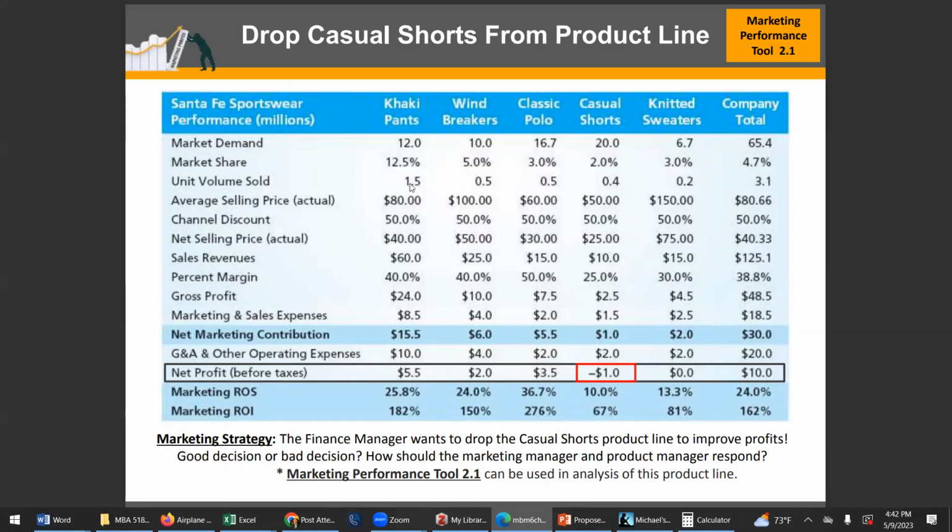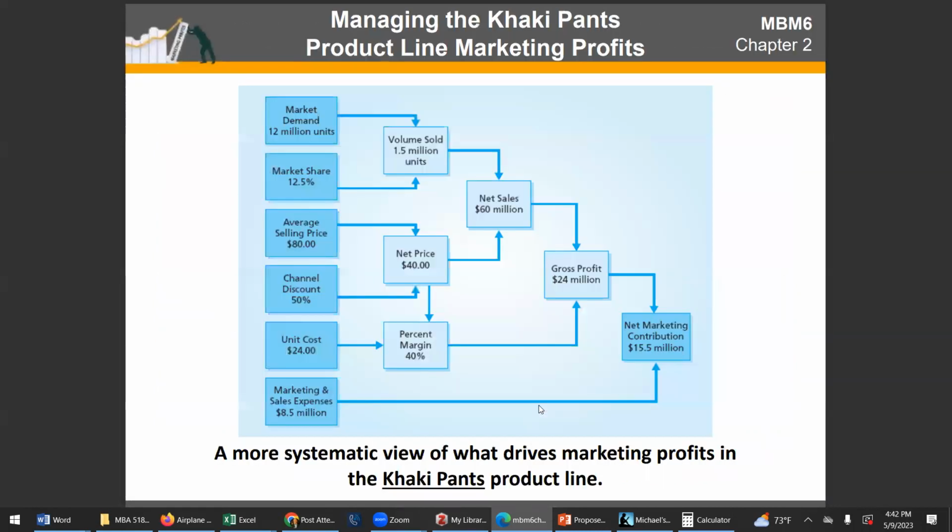That's probably would tell us that that's where we should invest more, right? So more marketing dollars. However, we can look at 25.8 versus 36.7 and 182 as opposed to 276.